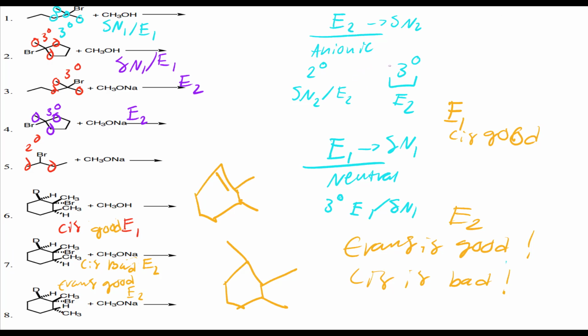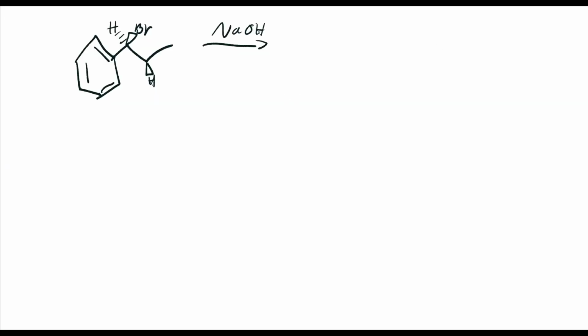Okay, so let's move away from this train wreck that I completely steered you wrong. I really apologize for that. Let's move on. Okay, for this one, let's say that I want to react via an E2 reaction. If I want to react with an E2 reaction, notice something that is a bit off, right? So something's a bit off.